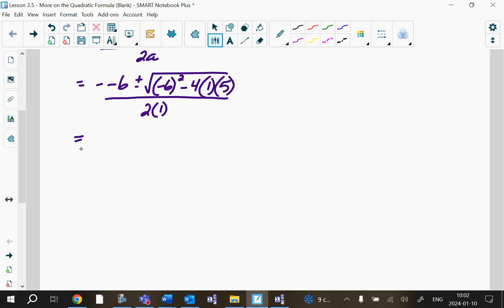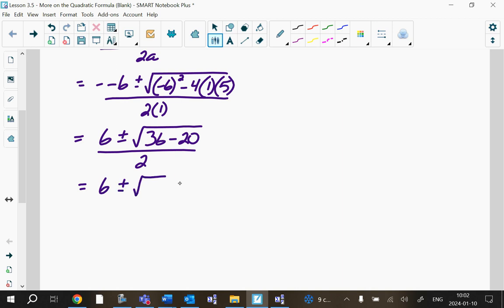Negative 6 becomes positive 6. What is negative 6 all squared? Negative 6 all squared, 36, minus 20, divided by 2. Keep going. We get square root of 16. Now, what can we do with the square root?